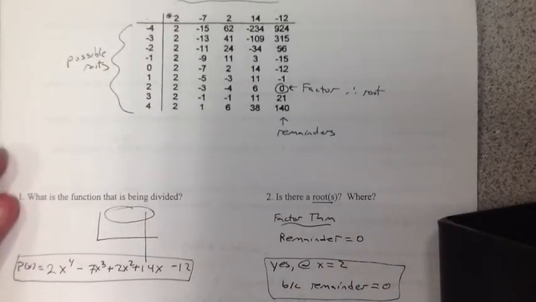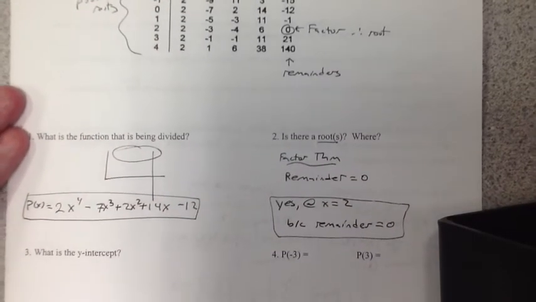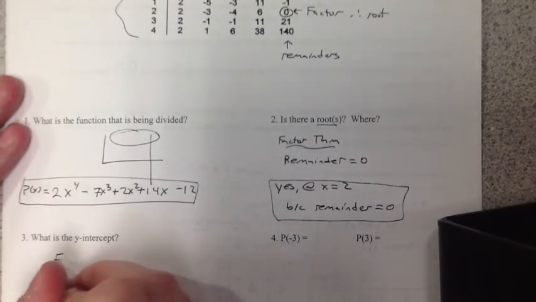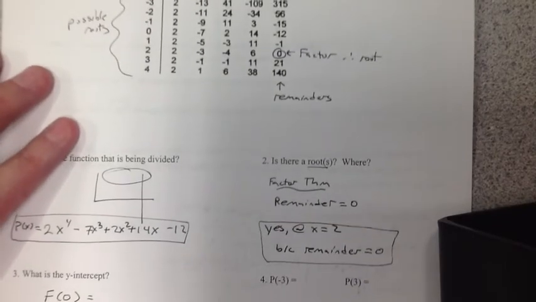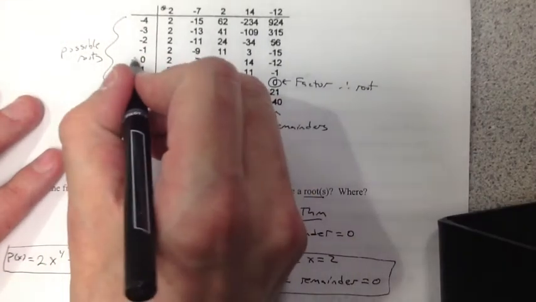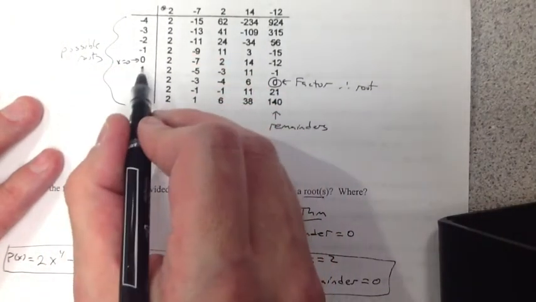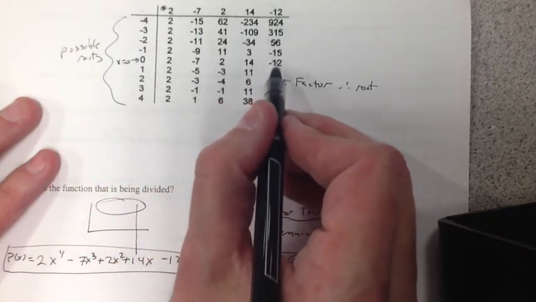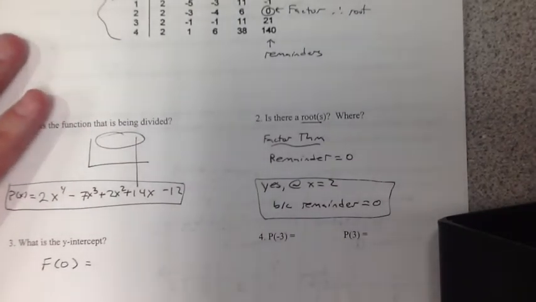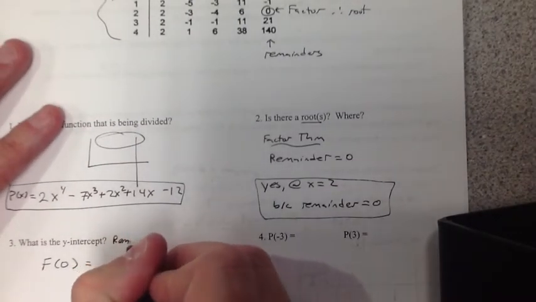Easy to do. All right, the next question says, what's the y-intercept? Well, we should know that one. That is f of 0, where x is 0. So I take a look here. Here's where x equals 0, so for my y-intercept, I go all the way over here. It's the remainder. What we're using here is our remainder theorem.